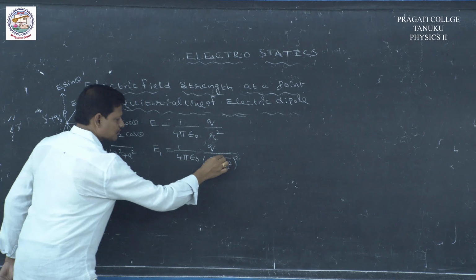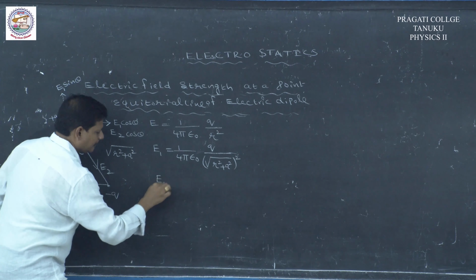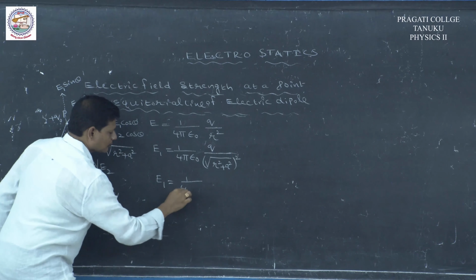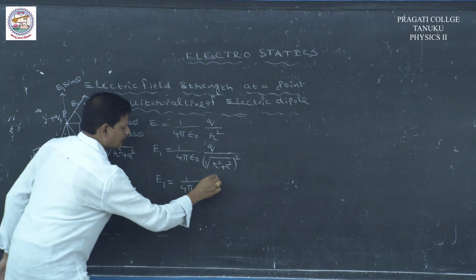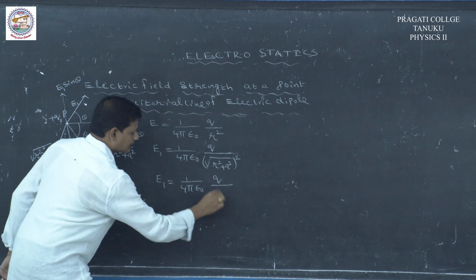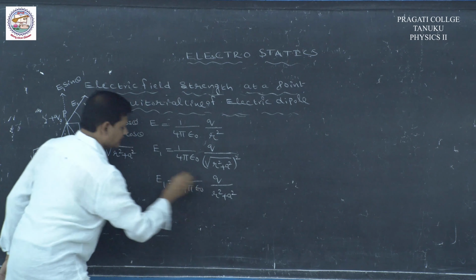By cancelling square and root, the magnitude of E1 is 1 by 4 pi epsilon naught, q by (r square plus a square).